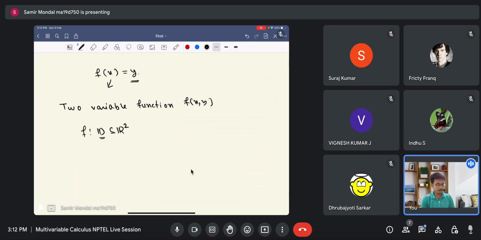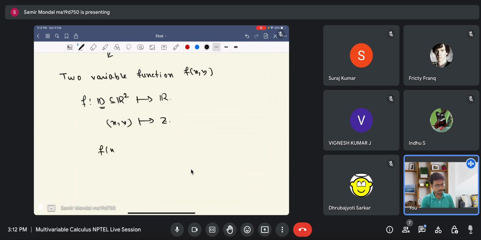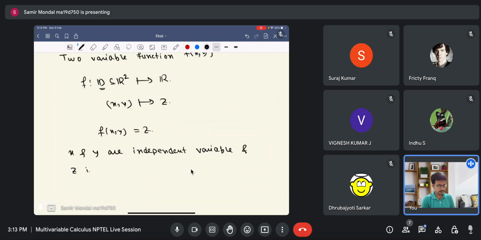We assign a rule from D to R such that (x, y) goes to z, meaning f of x, y equals z. Here x and y are independent variables, and z is the dependent variable.